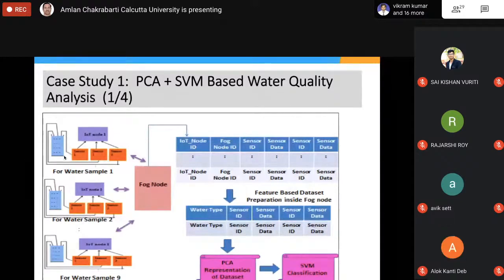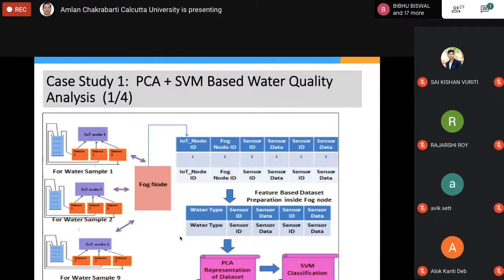So these are my IoT nodes, and these are the sensors which go into a particular water bucket. We have to collect a water sample, and the sensors take the data, and then the IoT node pushes the data to the fog node, and the fog node can be your smartphone, right? And then the analysis starts, and the classification works out, and it tells what is the class of the water.